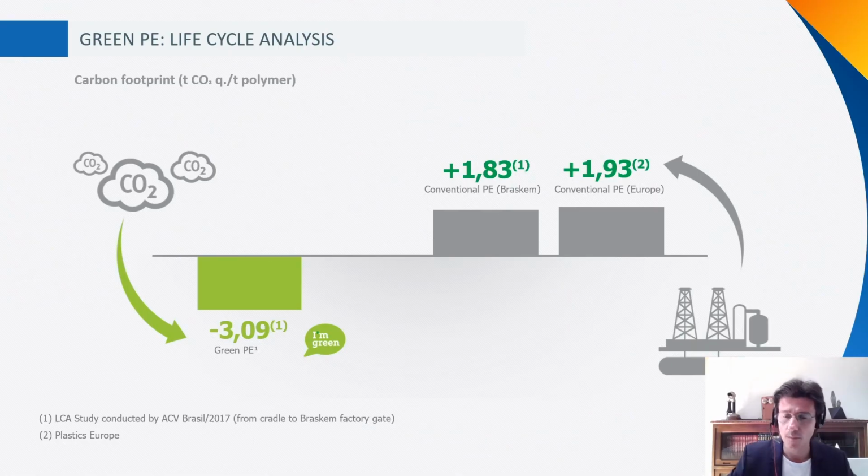And basically, our main value proposition with biopolymers, as you can see here, is the capacity of fixing CO2, to capture the carbon in the polymer, right? So from the photosynthesis, from the sugar cane that absorbs the CO2 from the air, producing the sugar, which is converted to ethanol. And further, this ethanol is dehydrated to ethylene and then polymerized to polyethylene.